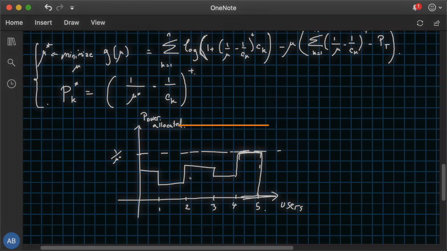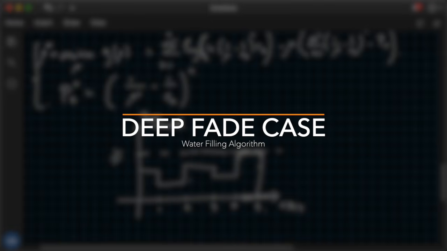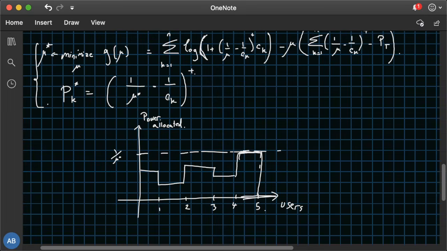Okay? Now, another important interpretation is the following. So imagine the case where ck is 0. What does ck equal to 0 mean? We're taking one extreme case. It means the channel towards user k is in a deep fade situation. The channel towards user k is very bad, right?